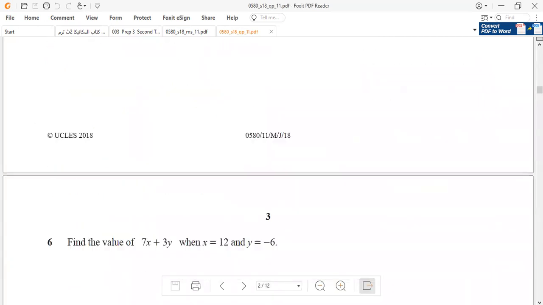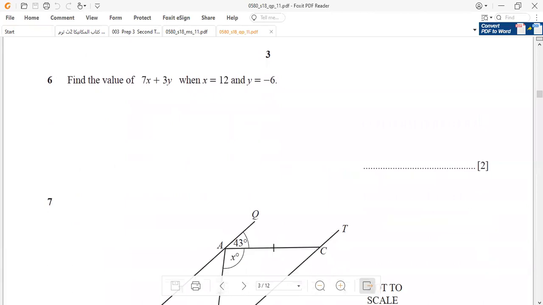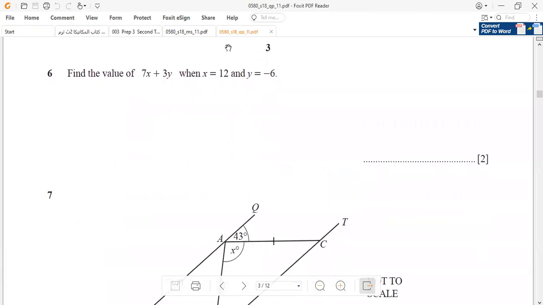Let's go to question number 6. Find the value of 7x plus 3y when x equals 12 and y equals negative 6.